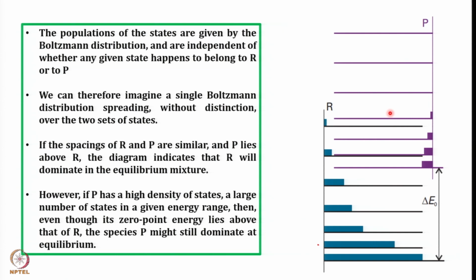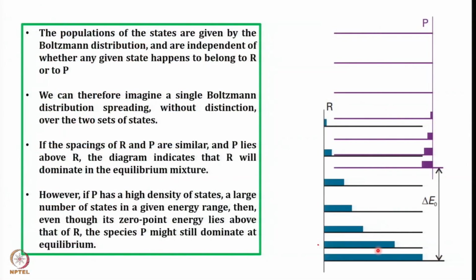So why am I talking about all these things, and bringing the Boltzmann distribution into our discussion? By using the Boltzmann distribution, I can now quantitatively come towards the same expression that we discussed a couple of lectures before. As pointed out, you consider this total as a single Boltzmann distribution without distinction over two states.